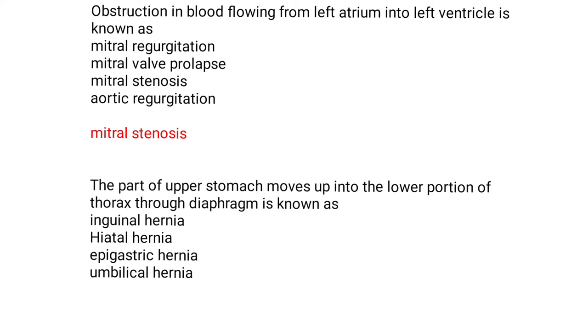Next question. The part of upper stomach moves up into the lower portion of the thorax through diaphragm is known as inguinal hernia, hiatal hernia, epigastric hernia, umbilical hernia. So upper portion of the stomach is moving into the lower portion of the thorax through diaphragm, that is hiatal hernia.